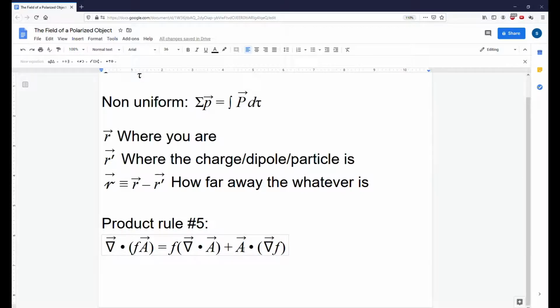P is our vector function, and 1 over r is our scalar function. So we could write that term as equivalent to this term right here, which is the first term in the equation right below it, minus this, which is the second term in that equation right below.